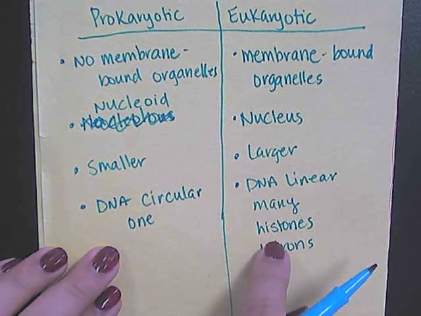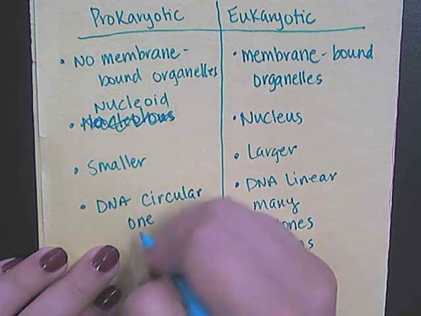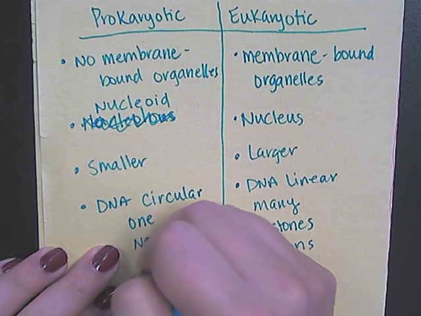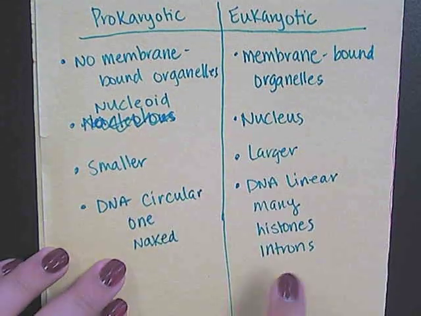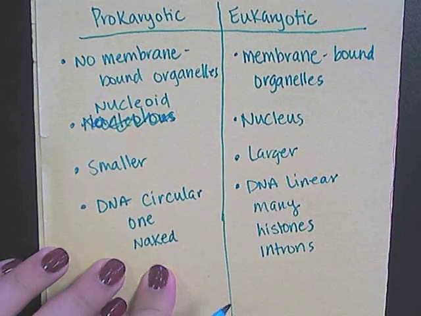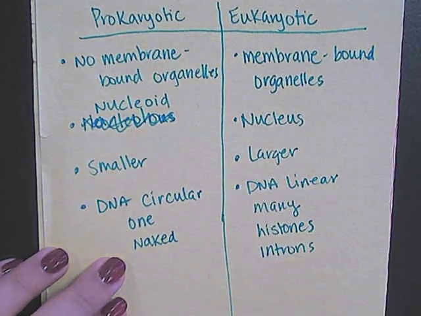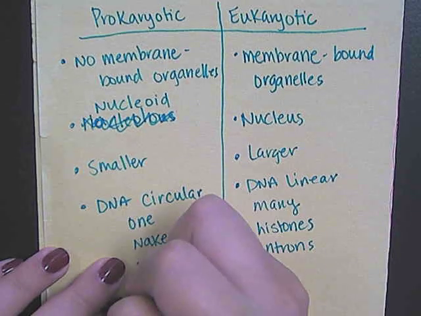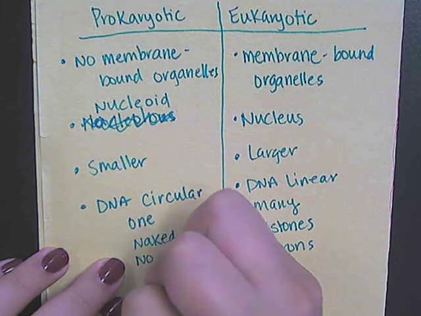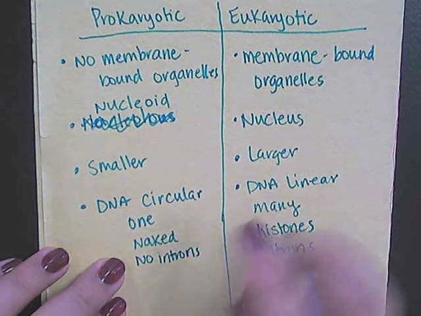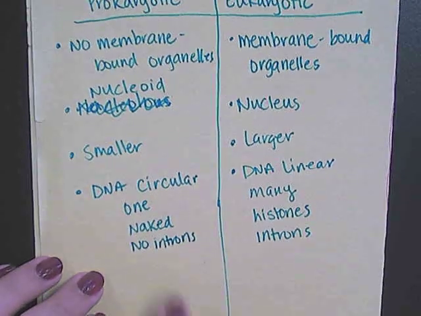They don't have those proteins that aid in coiling, so we say that the DNA is naked. And in most prokaryotic cells, the true prokaryotic cells, there will be no introns. Again, we'll talk about what those are later in the year. At this point, you just need to know that they don't have them.